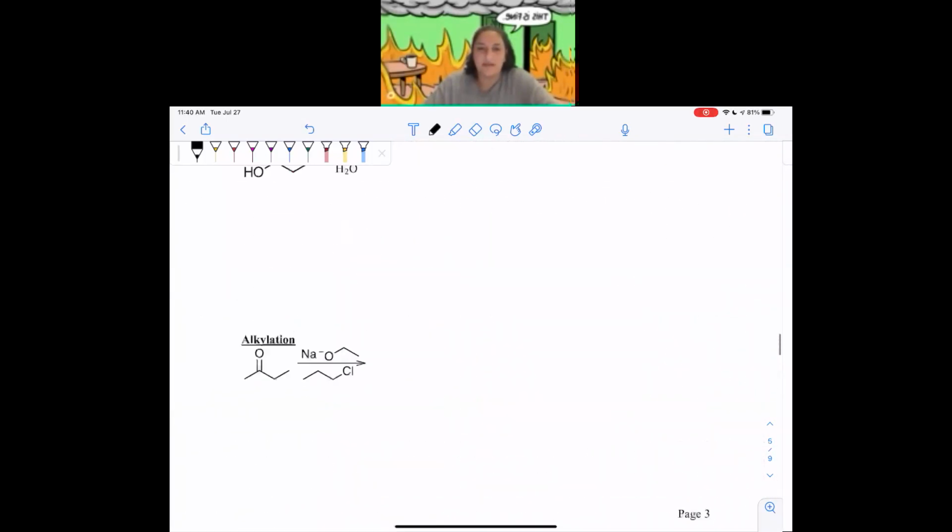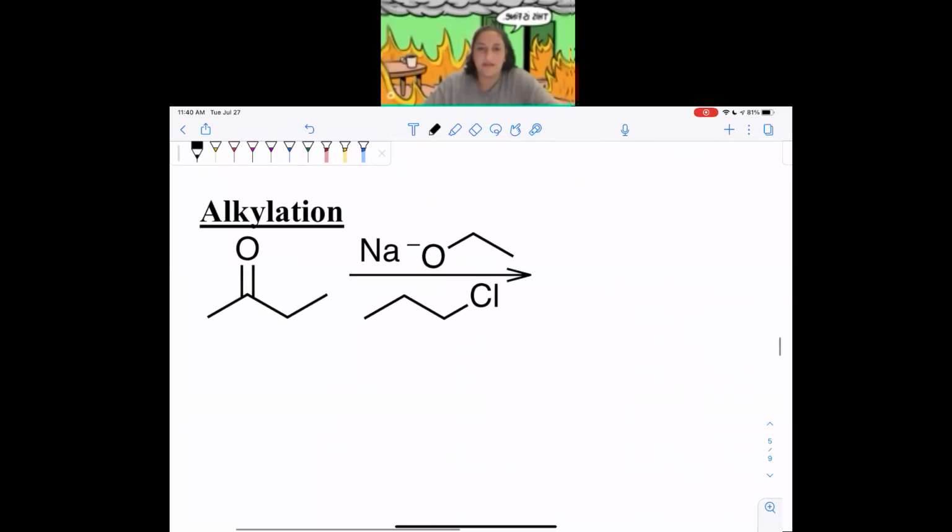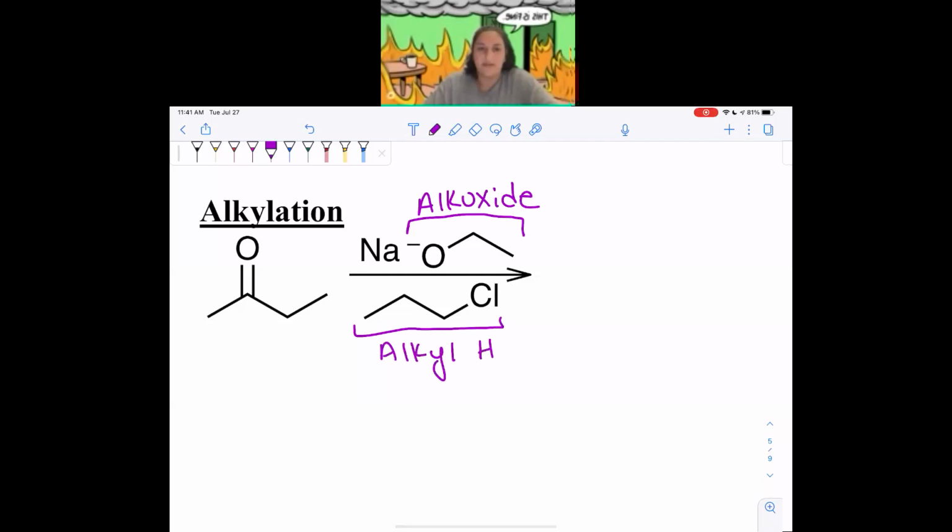So if we go back up here to what you guys have on your worksheet, the general reagents for this reaction are going to be this guy. And we know from a couple chapters ago that this is an alkoxide. And we also need an alkyl halide.